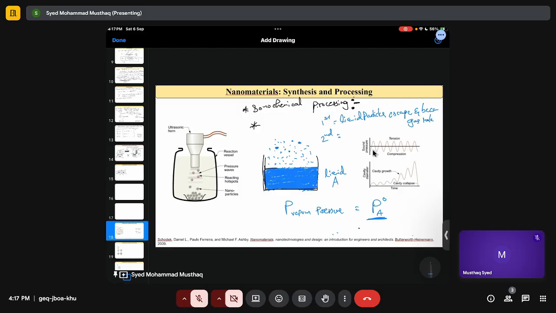Second, these gas molecules start putting pressure on the liquid, and at some point, third, these molecules start hitting the liquid again.